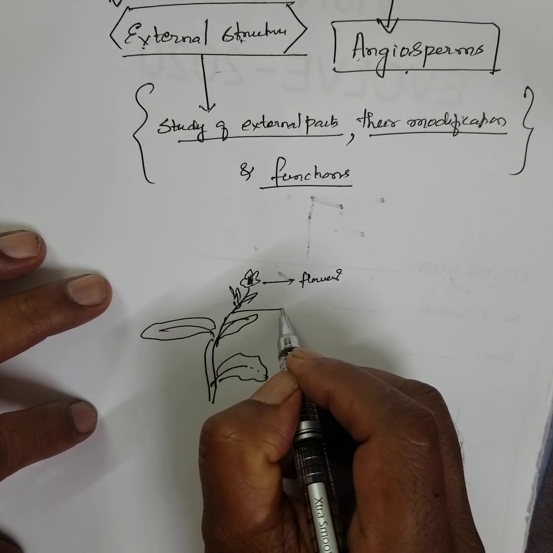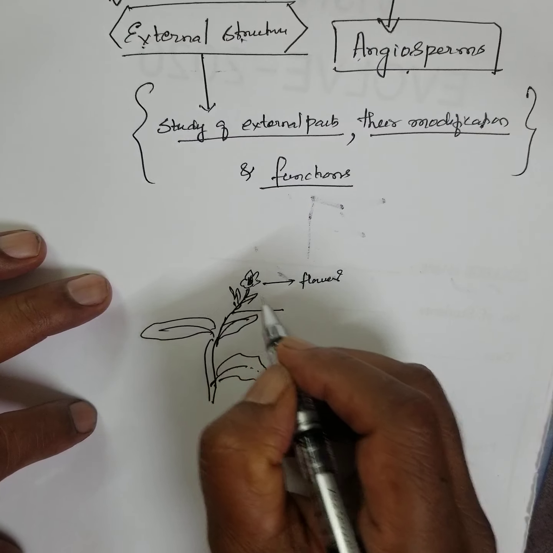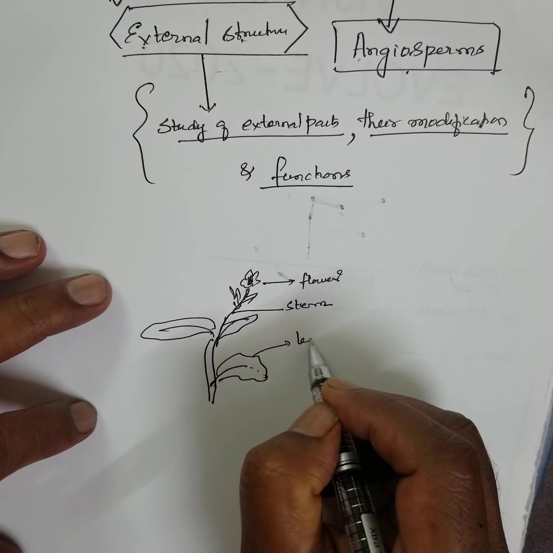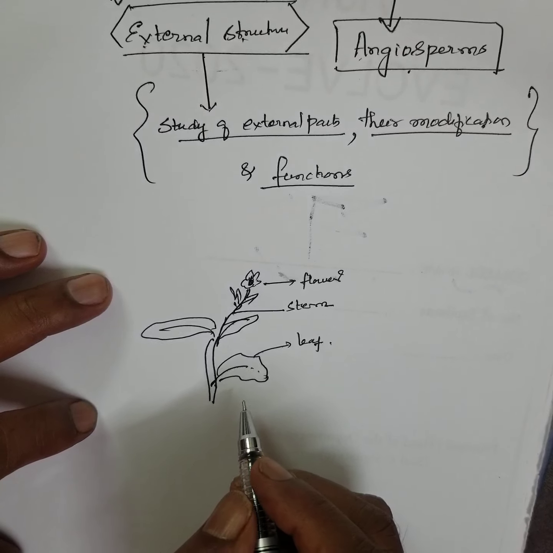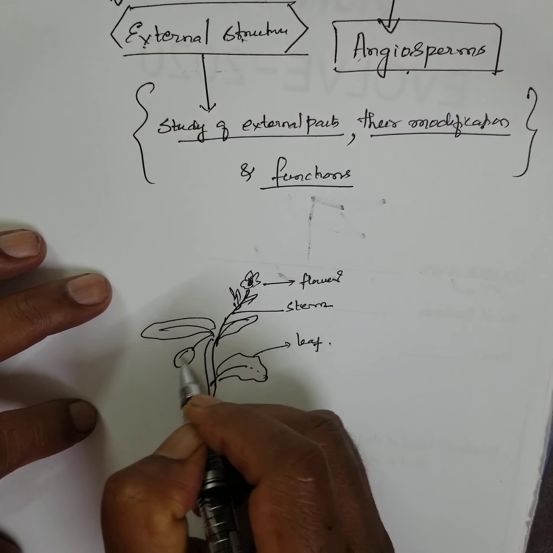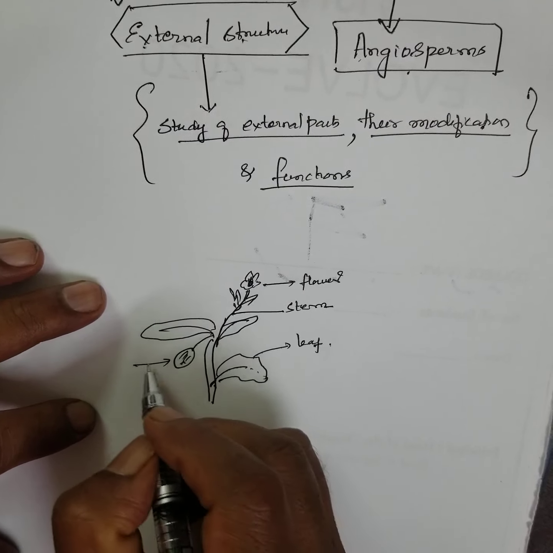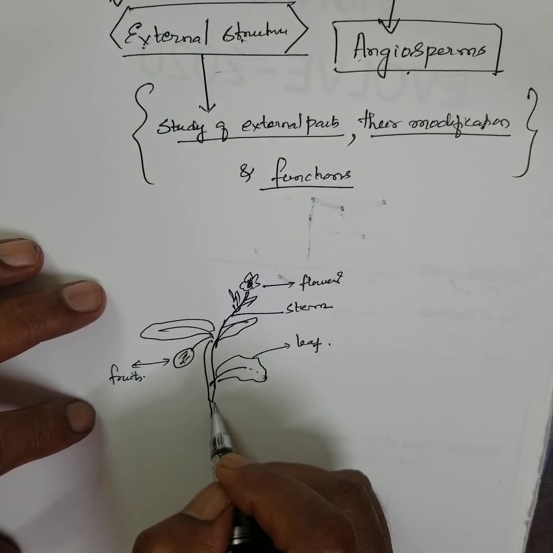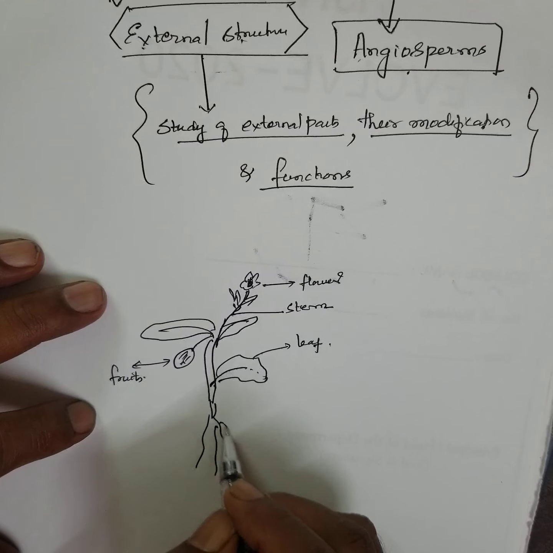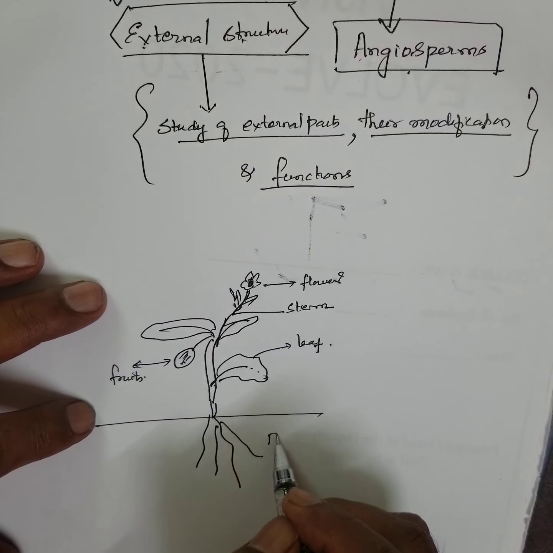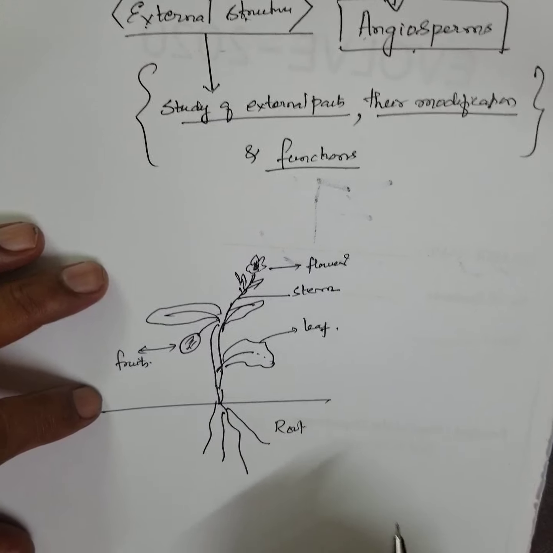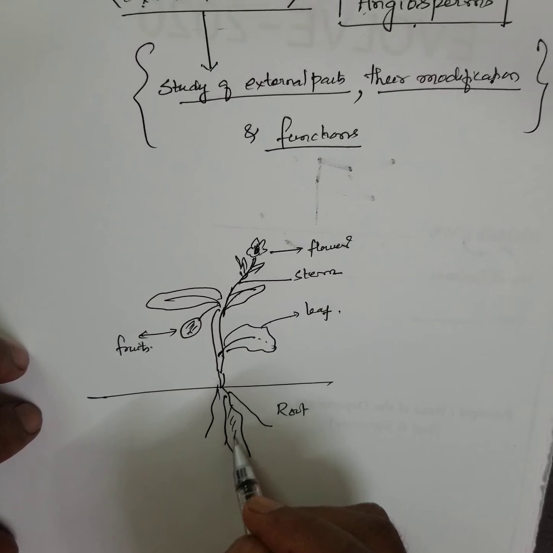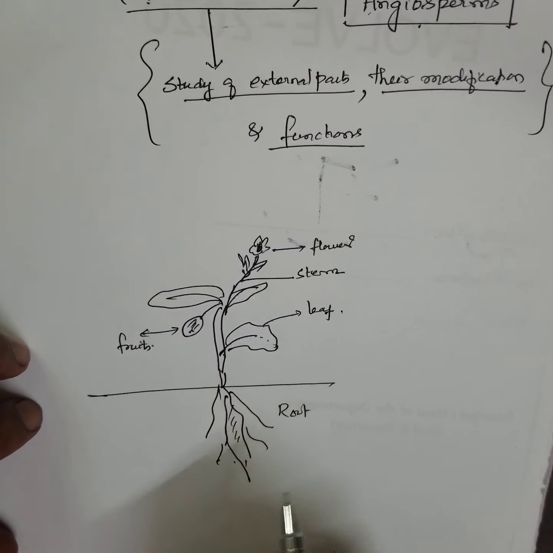Next, what is this? Stem. Next, leaf. Then what is this? Fruits. And roots. There are different types of roots.